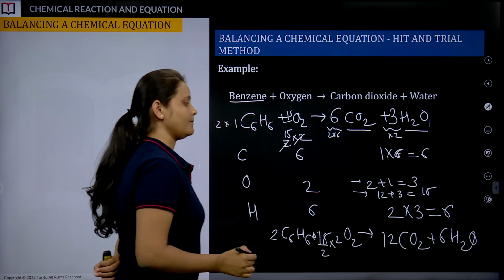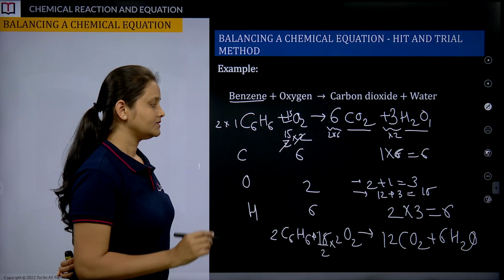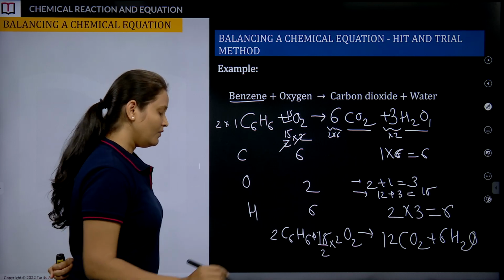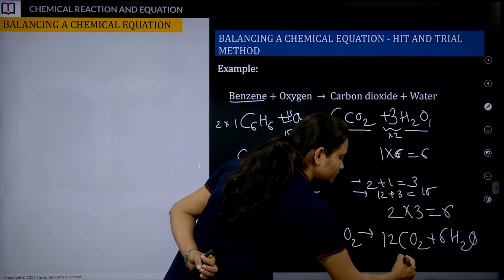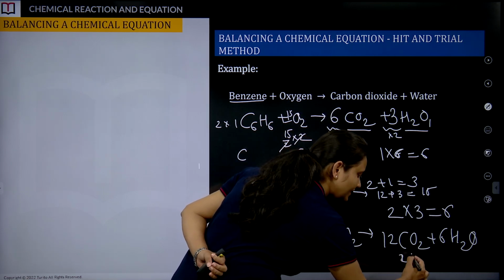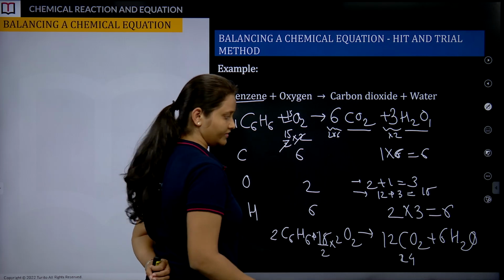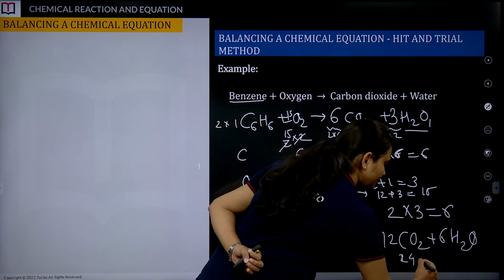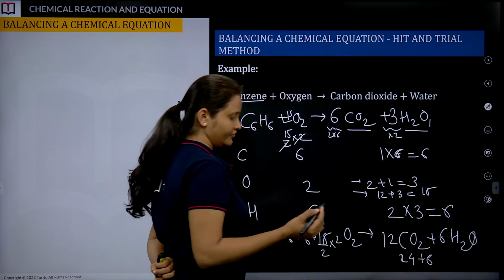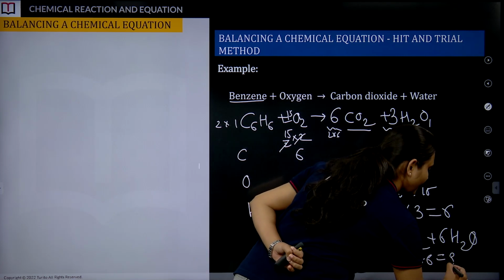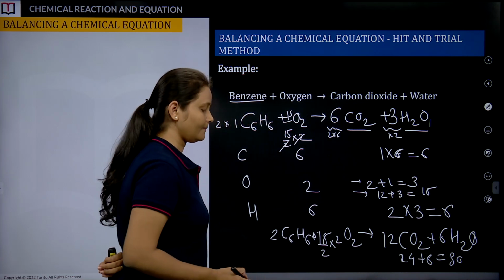H2O, okay, 6 H2O. Now, here try to understand, we are having now 12 into 2, that means 24 oxygen, plus 6 into 1, that is your 6 oxygen. We are having 30 oxygen altogether, okay.